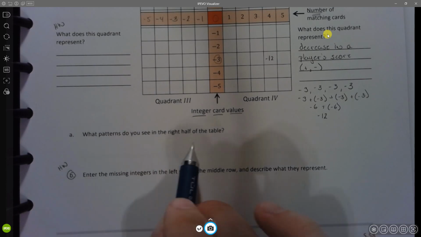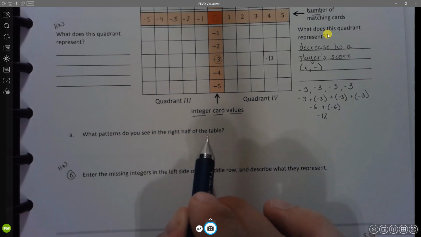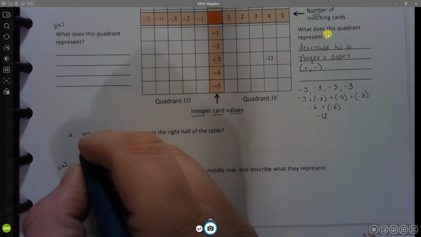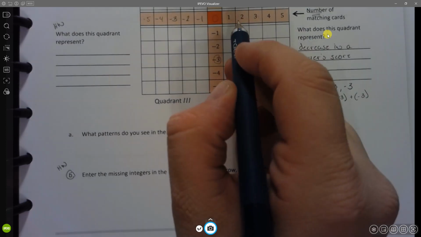So what patterns do you see in the right half of the table? Well, I see that the number of matching cards are positive no matter what.